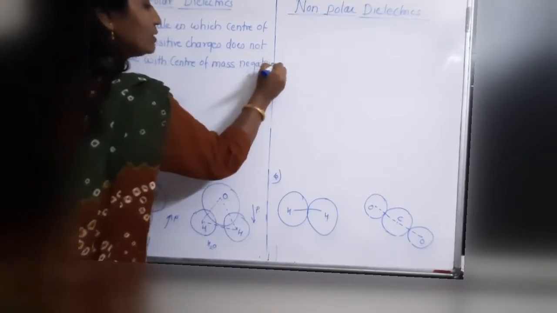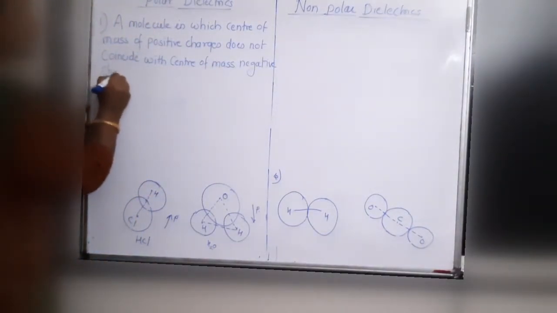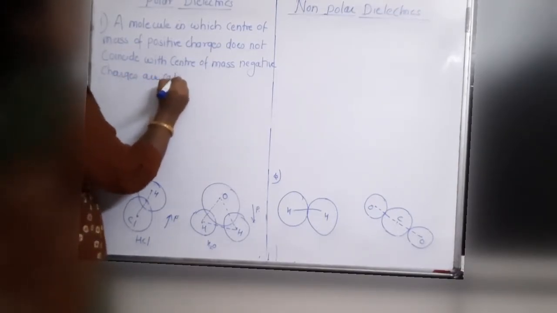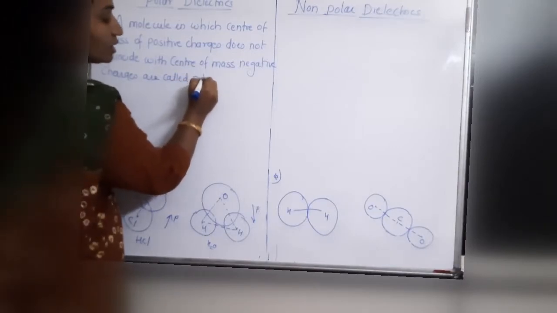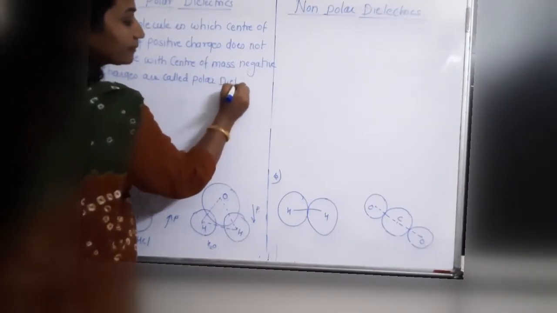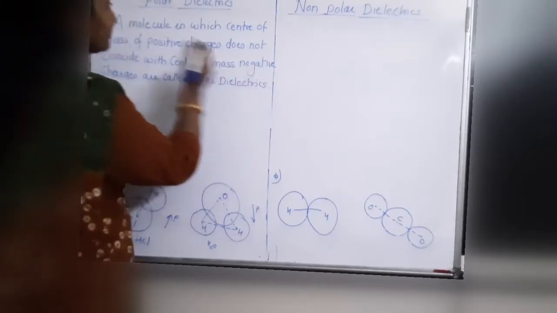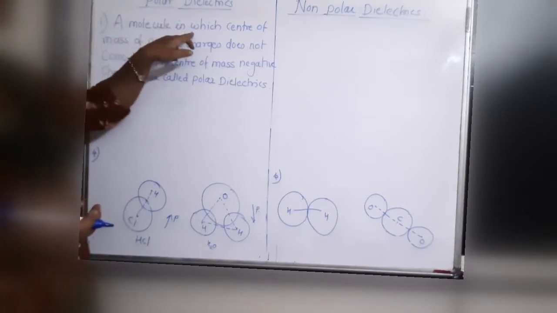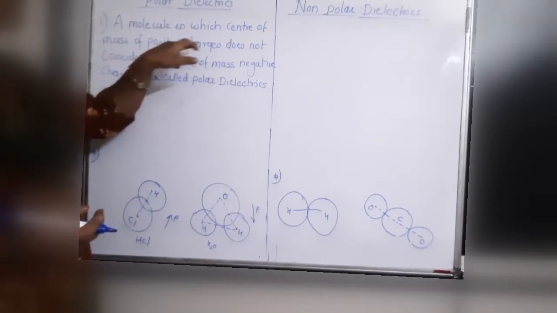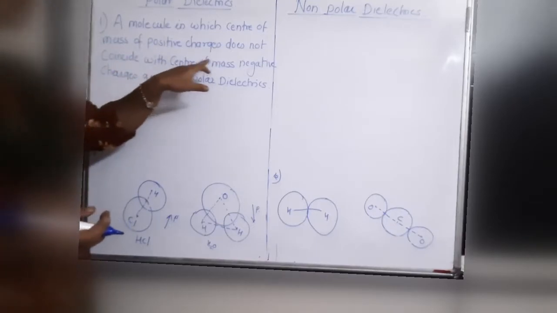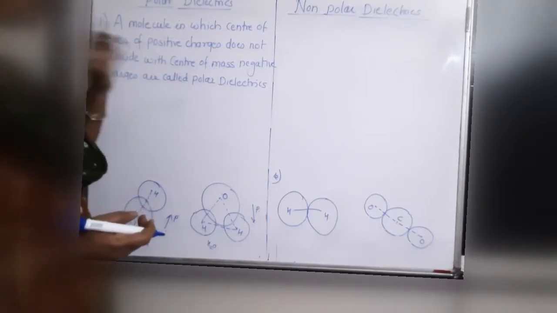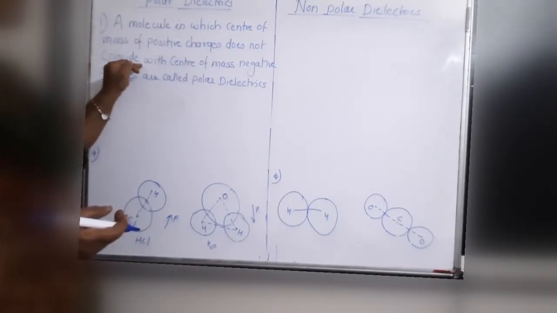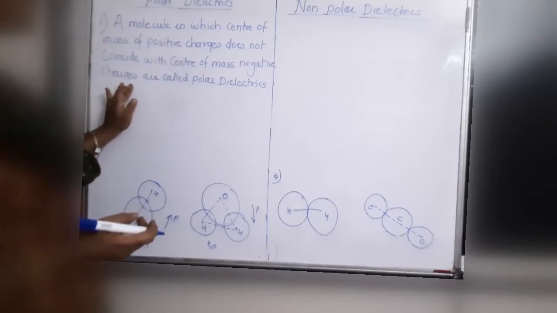Such molecules are called polar dielectrics. Again, the center of mass of positive charge does not coincide with the center of mass of negative charges.